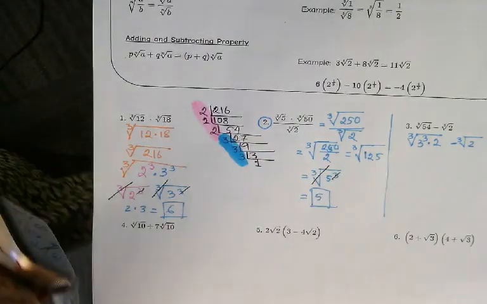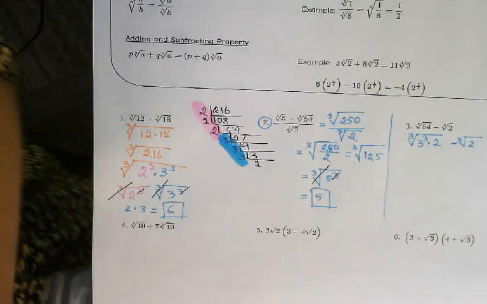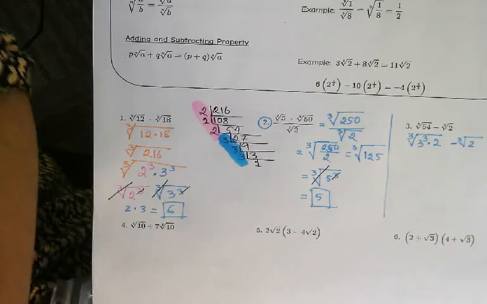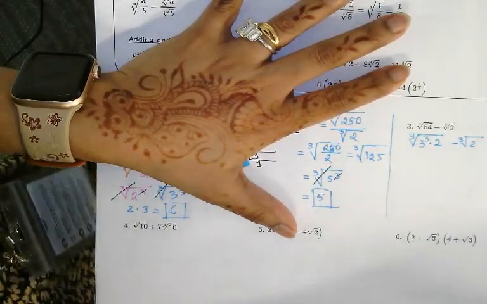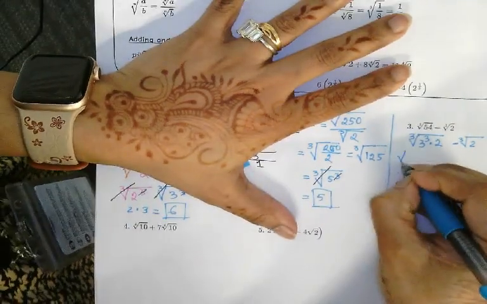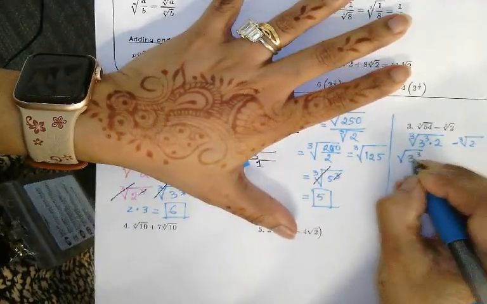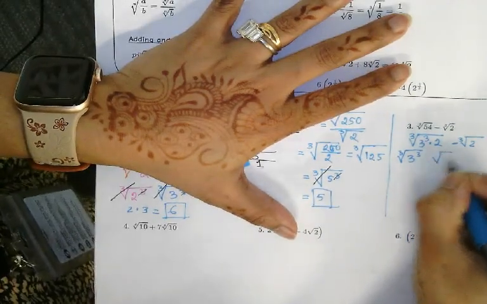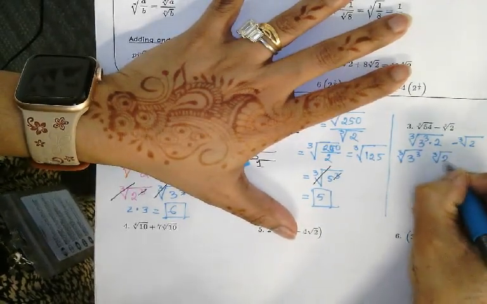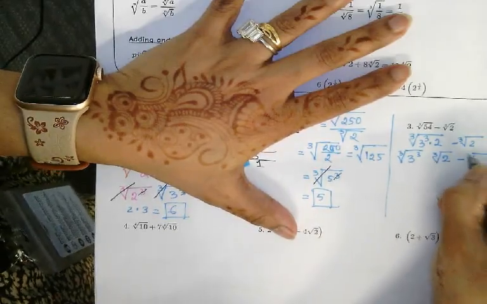Everybody is here? Anyone missing it? Did everybody get the same thing as mine? Okay. All right. Now we're going to separate. Since they are multiplication, let's separate them. So I'm going to do this one as cube root of 3 cube and minus this.